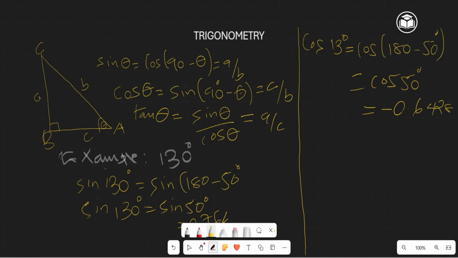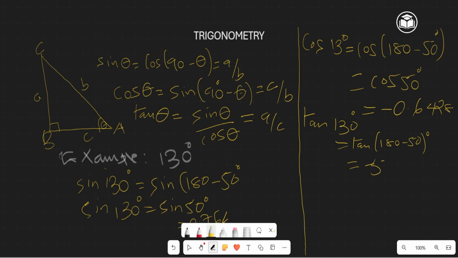Similarly for tan 130 degrees, this will be tan of 180 minus 50 degrees, which is negative, since 130 is in the second quadrant, where tangent must be negative. So in the second quadrant of the whole circle of trigonometry, this will be negative.